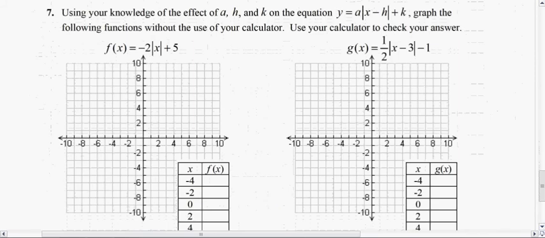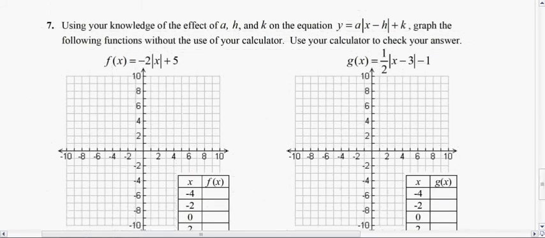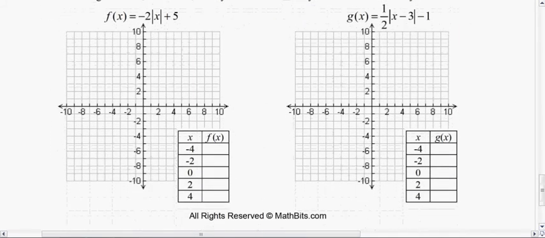All right, last one here. Now I've got a combination of things happening. In my first graph, f of x, I'm multiplying by a negative 2, so I know it's going to be flipped upside down and closed. So the negative 2 means that it's upside down and closed.